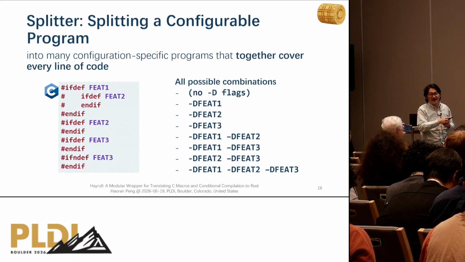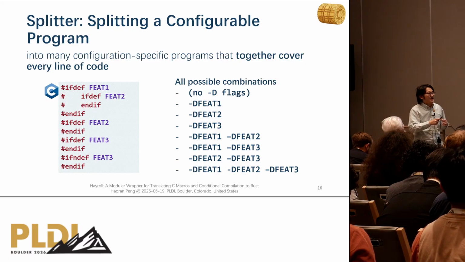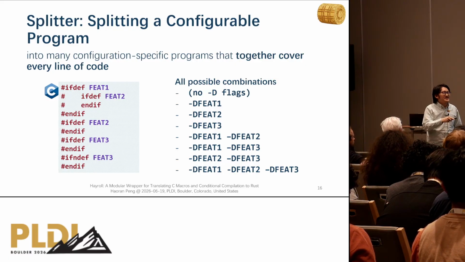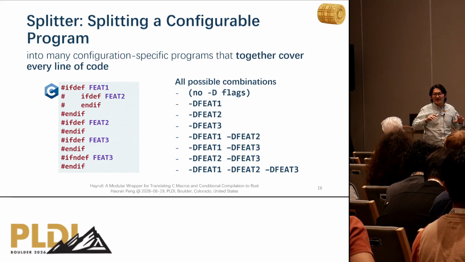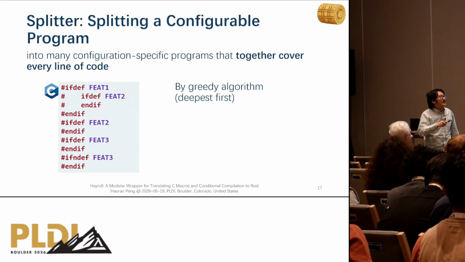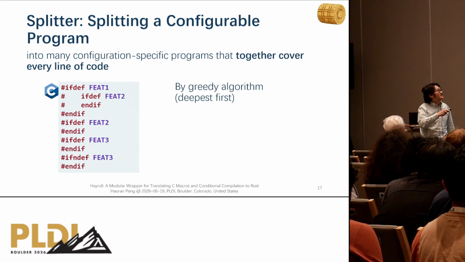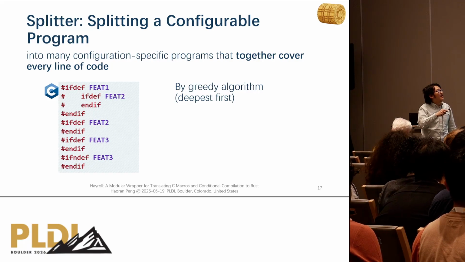Well, that's sound, but not very efficient, because remember, each of these combinations means a run of the entire underlying macro translation layer. We don't want that to happen, so we instead used a greedy algorithm, which is to try to satisfy the most deeply nested line first.